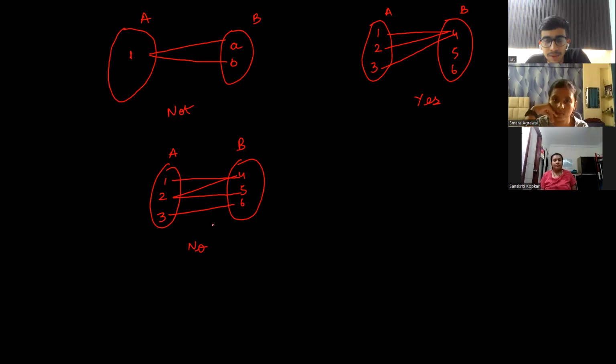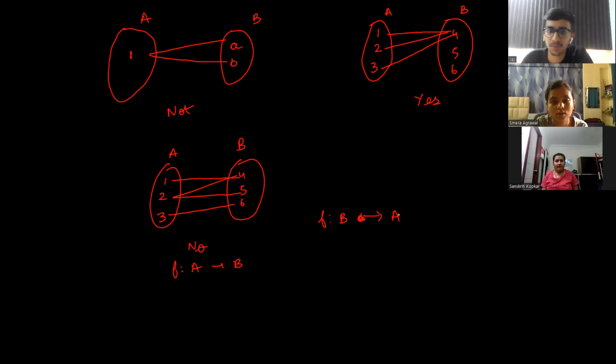अच्छा, if you are saying no, so that is for a function of A to B, right? If I say is it a function from B to A, then what will be the answer? It's still no because 4 is connected to 1 and 2. I'm saying B to A. Still no. 4 is connected to 1 and 2.